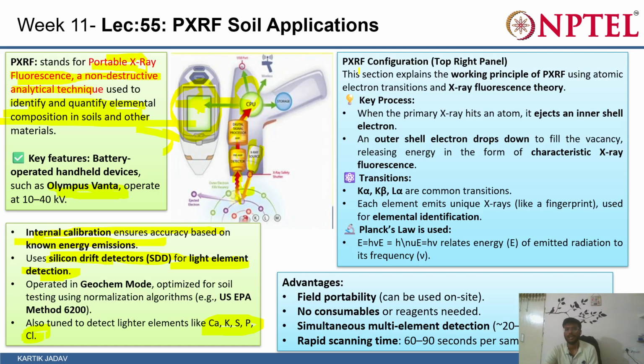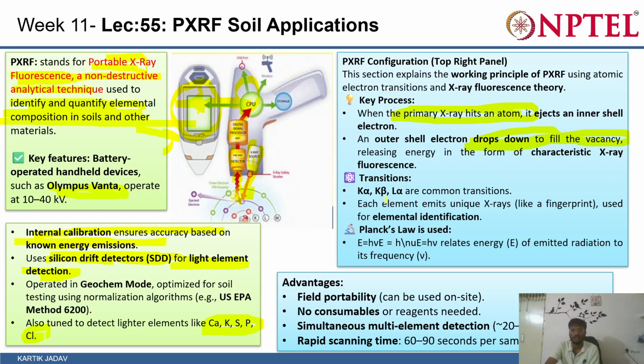PXRF configuration. So again, what is PXRF? That is Portable X-ray Fluorescence. This section explains the working principle of PXRF using atomic electron transition and X-ray fluorescence theory. Whenever a primary X-ray hits an atom, as I described here, it ejects an inner shell electron. An outer shell electron drops down to fill the vacancy, releasing energy in the form of characteristic X-ray fluorescence.